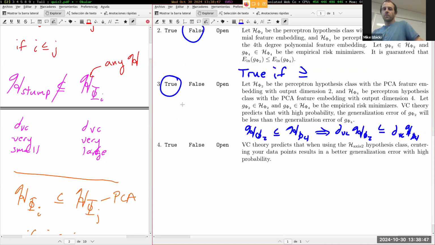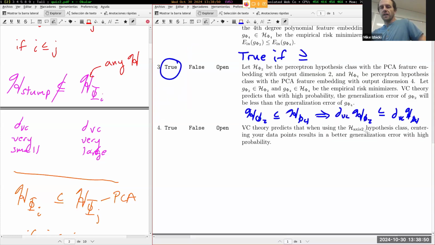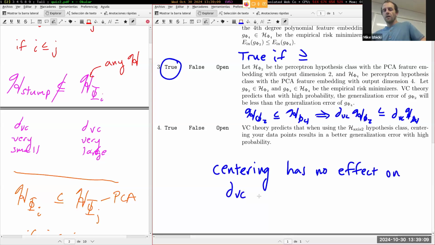Number 4. So VC theory predicts that when using the H-axis 2 hypothesis class, centering your data points results in a better generalization error with high probability. Key observation here on number 4 is centering has no effect on the VC dimension, and so no effect on the generalization error, as predicted by VC theory.